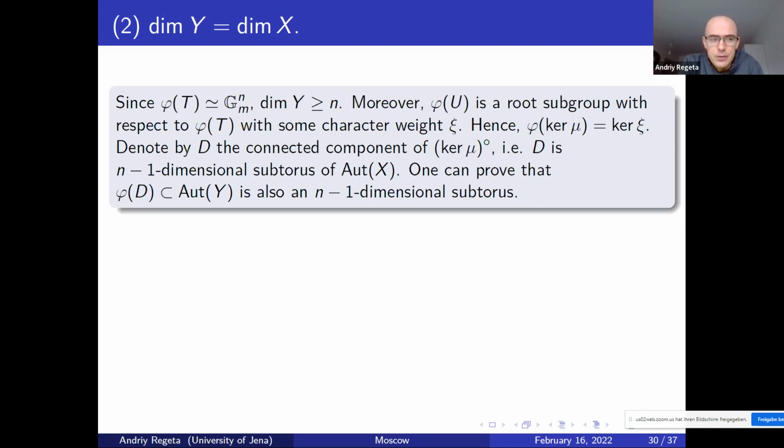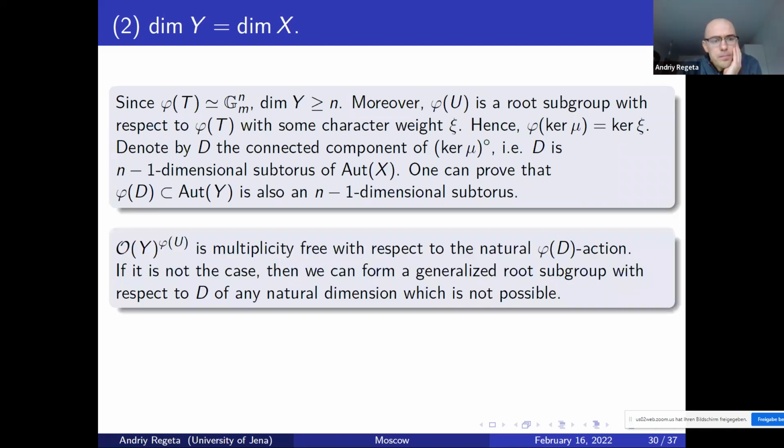Well, it's actually really not difficult to see even from this slide here. The ring of regular functions O of y, we can take all the invariants there under the action of phi of u.